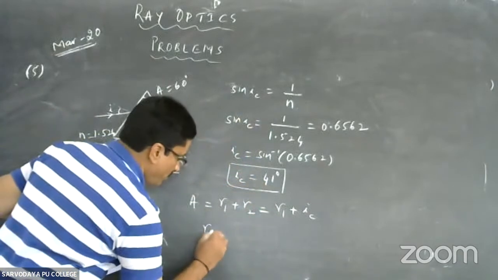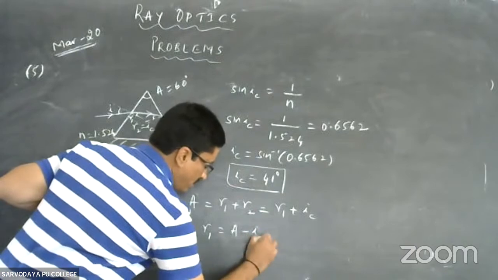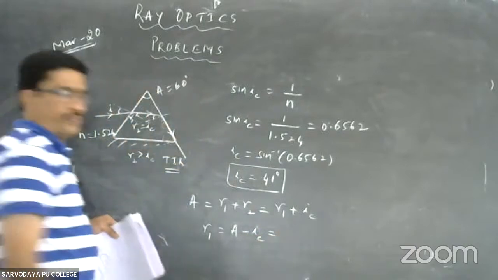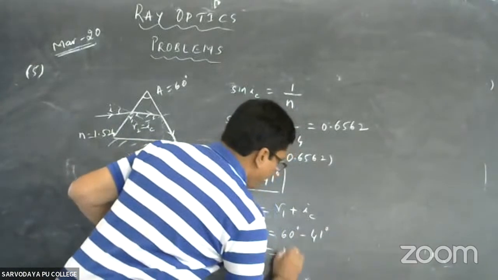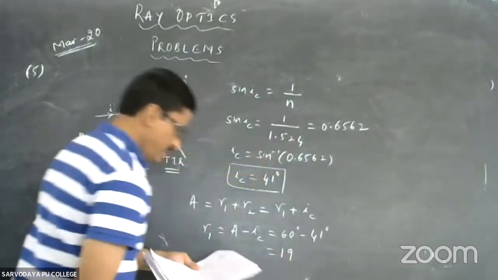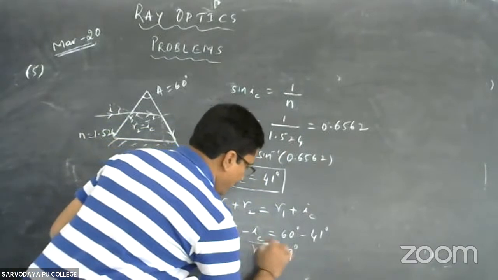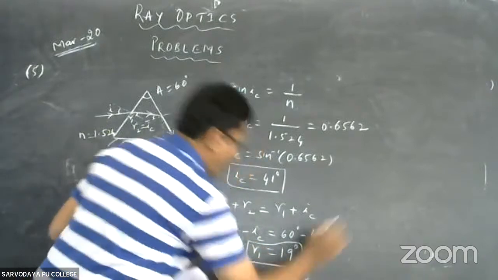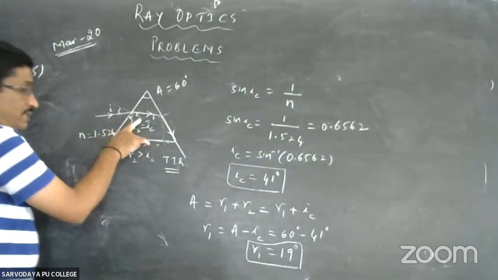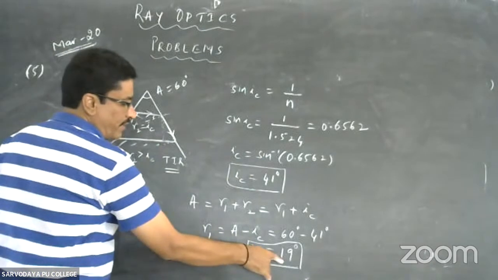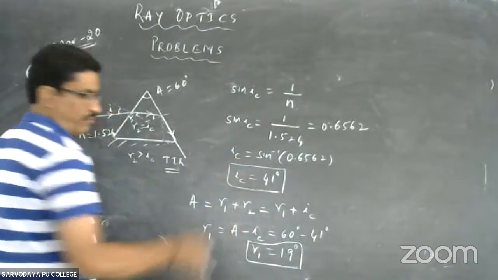Therefore, R1 becomes equal to A minus IC, which is 60 degree minus 41 degree, which is 19 degree. This is the angle of refraction at the first surface. For this angle of refraction, we can calculate the angle of incidence by using this formula.